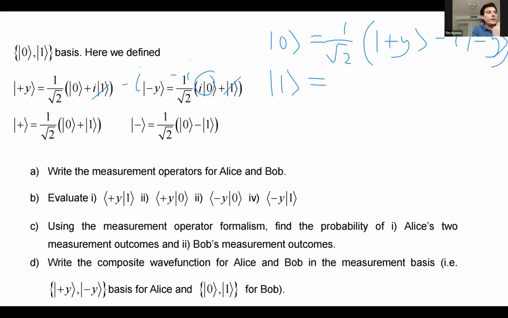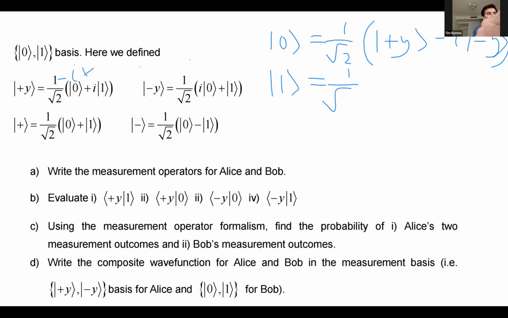Then for 1, what we need to do is cancel out these i's on the 0 here. So we need to multiply this plus y by i. Then this 0 term will cancel out. Then the 1's will add together to give 1.